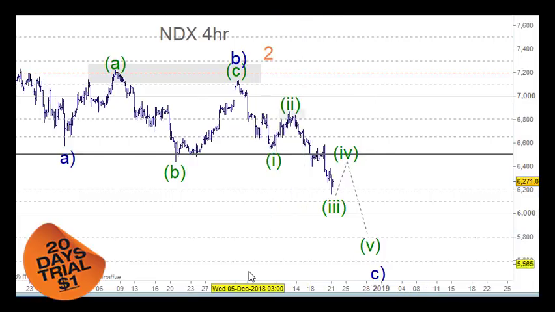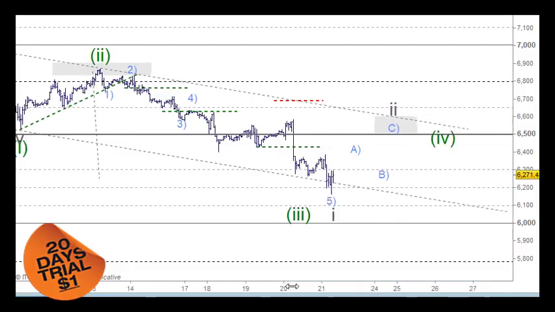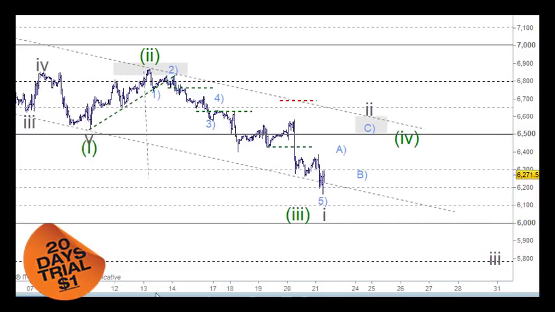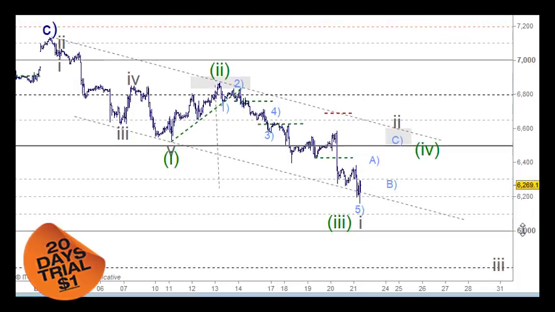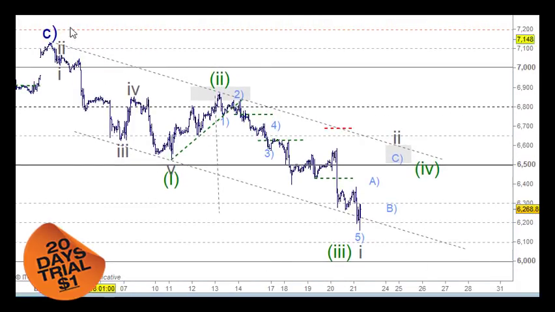So just on the 1 hour chart here, okay, this is where I've done some work. So this is just another way to look at it. So wave 1 here, wave 2 here, and then all of this down here for wave 3.